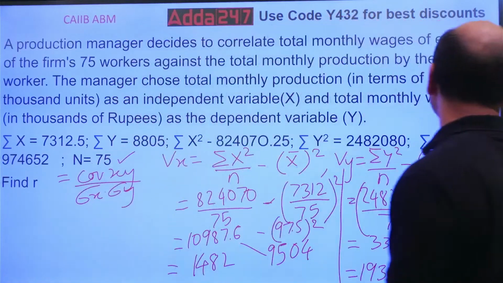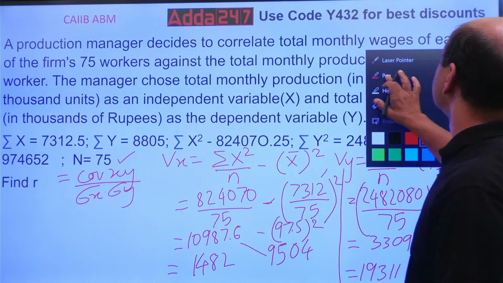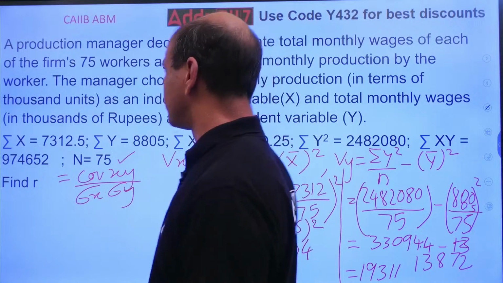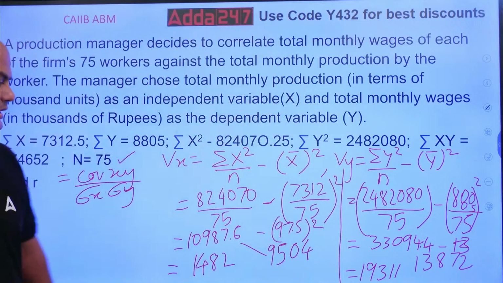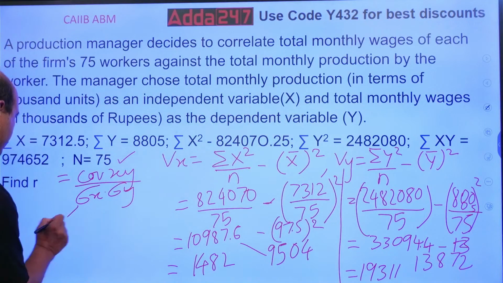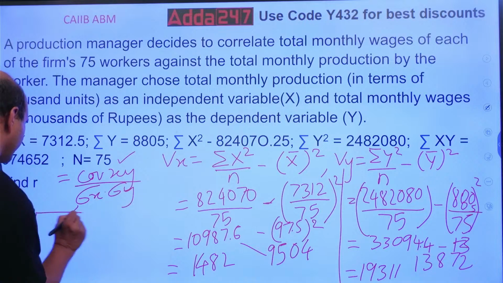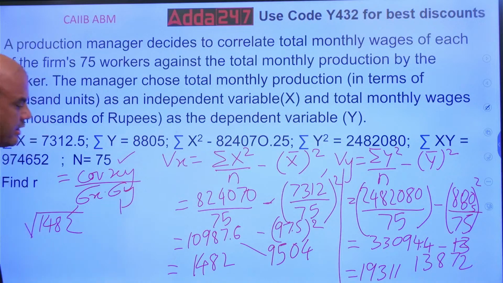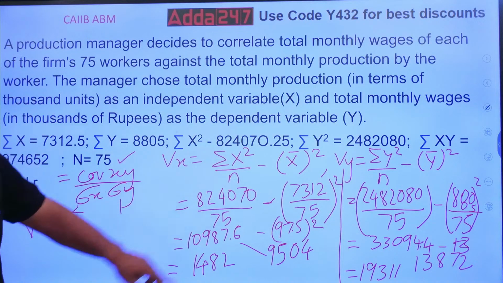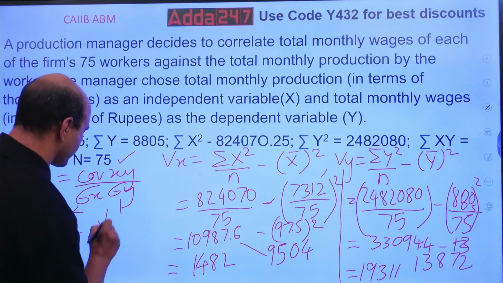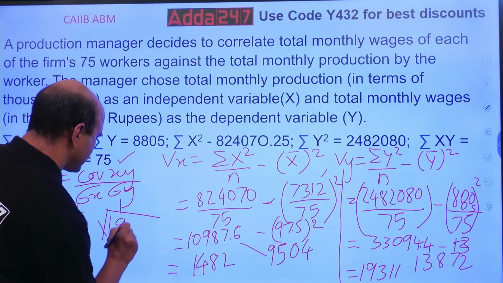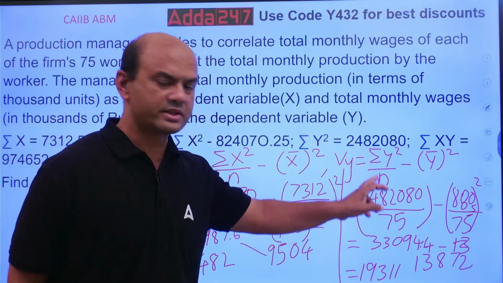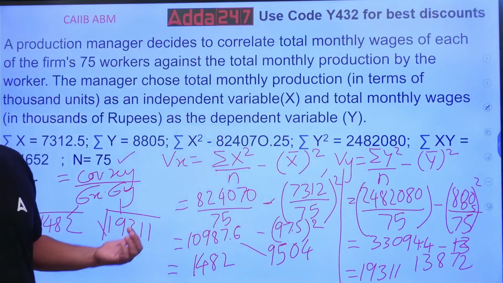Psi x will be the square root of 1482, and psi y will be the square root of 19311. Square root of variance is standard deviation.